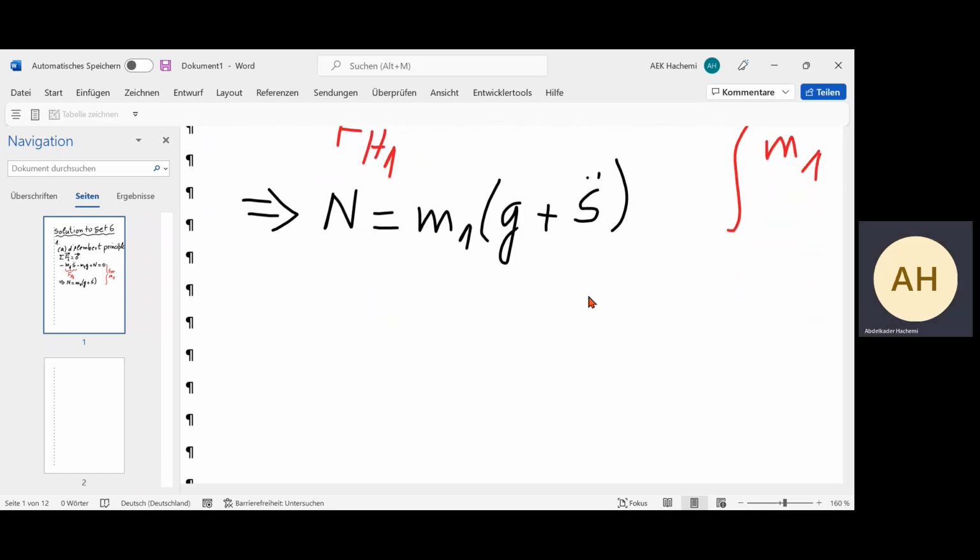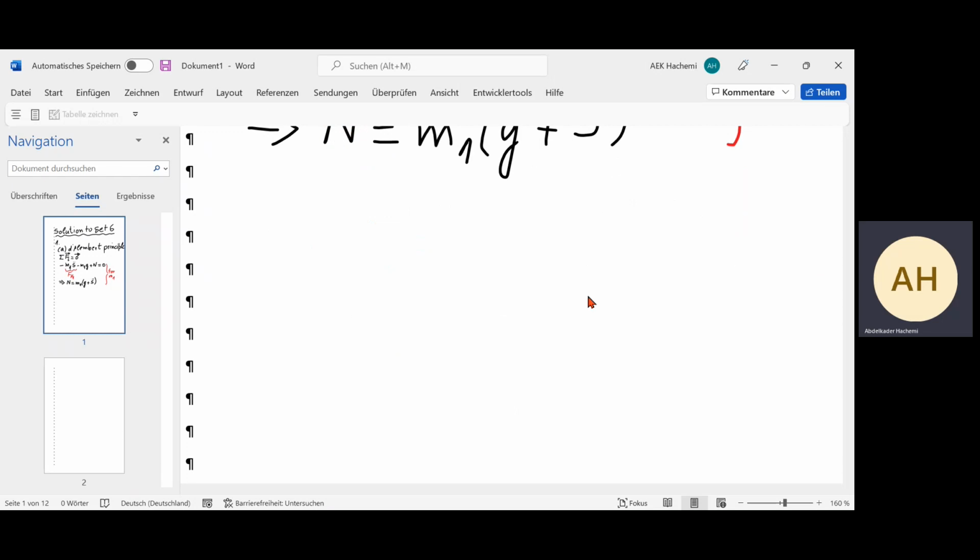Now, if we look at the mass M2, we have the same principle.